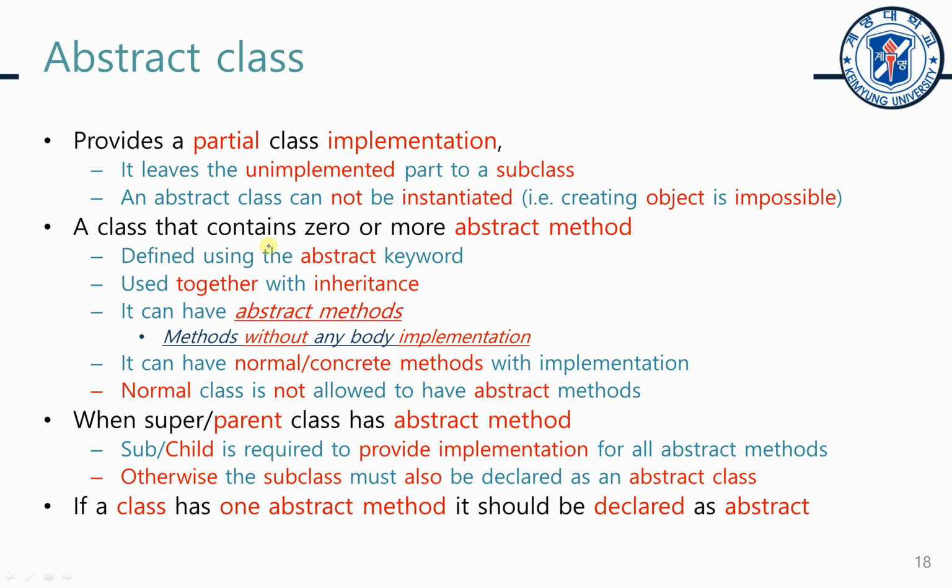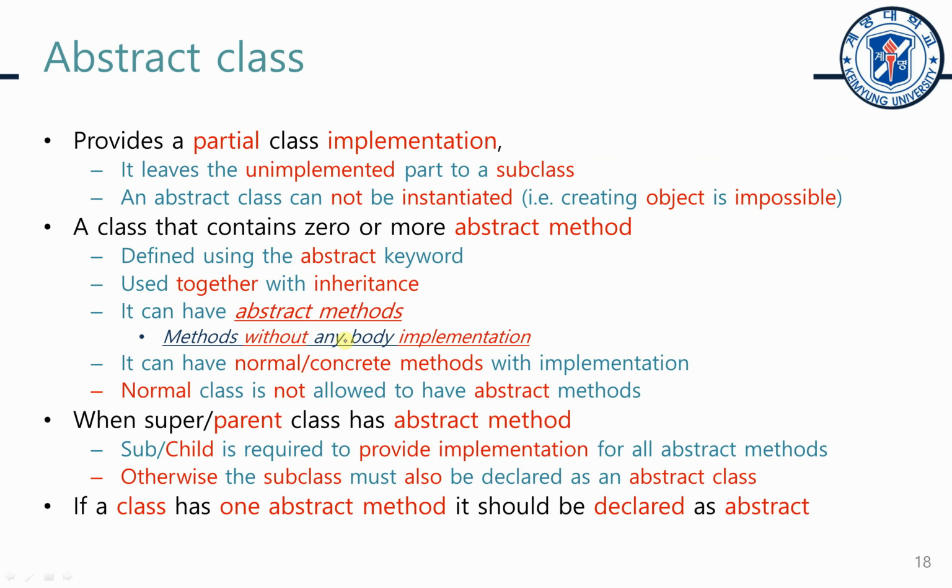You can have 0 or more abstract methods in an abstract class. And an abstract class is defined using the abstract keyword. It is used together with inheritance, and it can have abstract methods. Okay, abstract methods are methods without any body implementation.